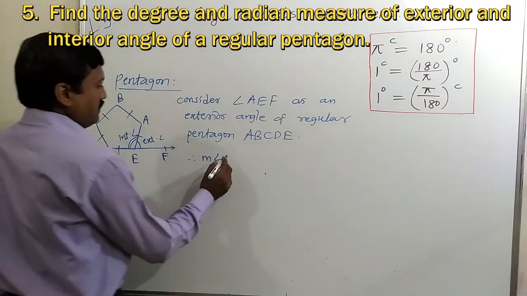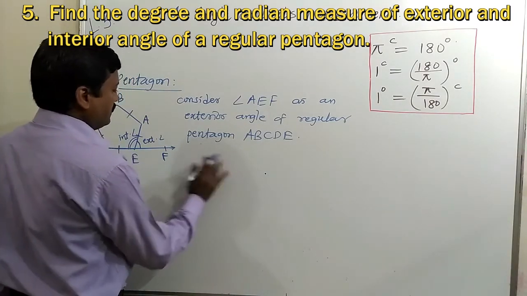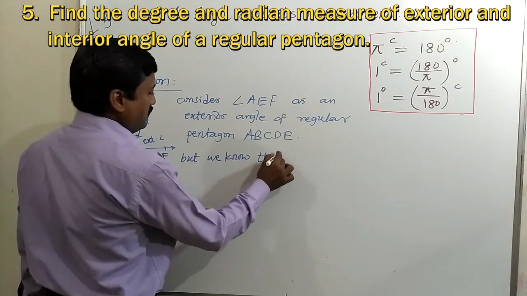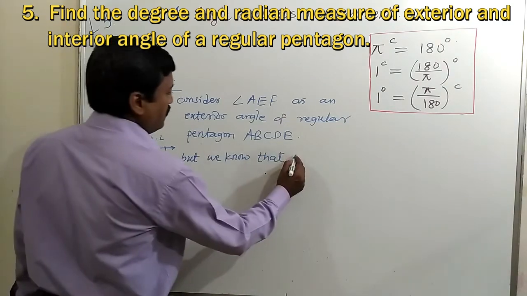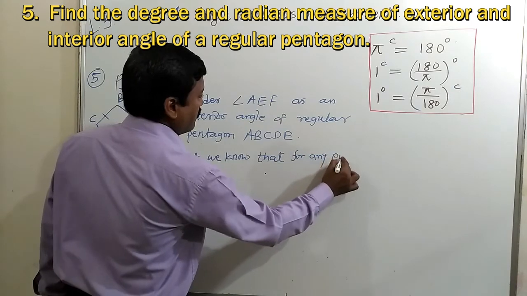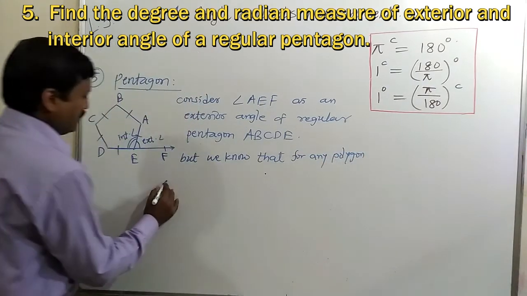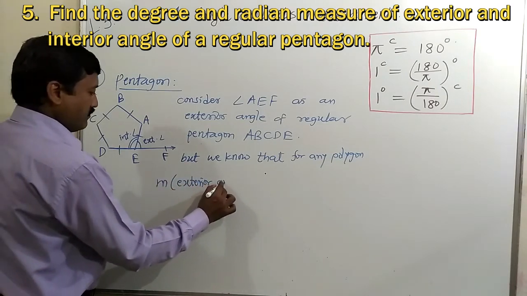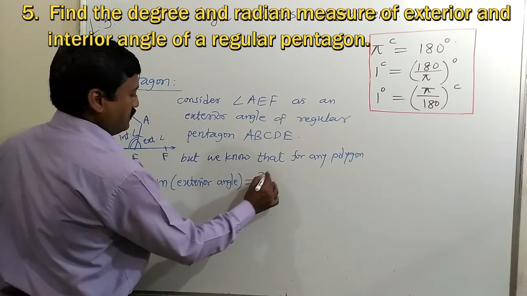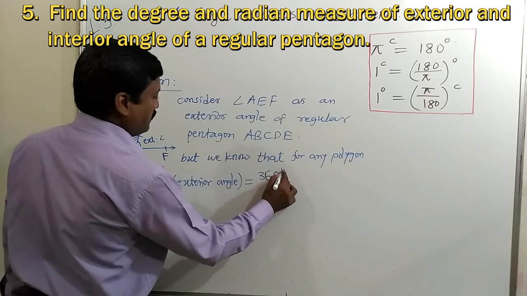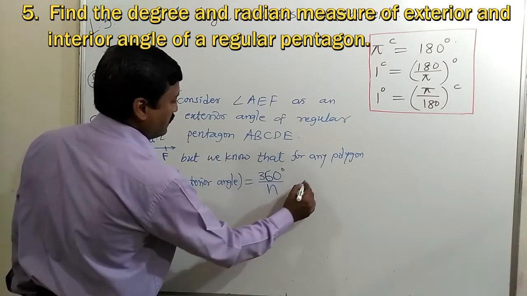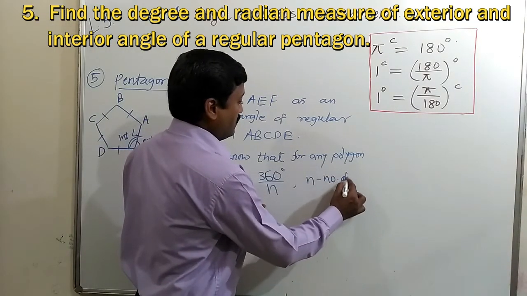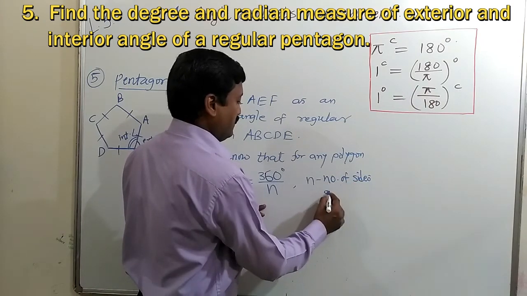You know the formula for measure of exterior angle here, but we know that for any polygon, measure of exterior angle is equal to 360 degree upon n, where n is nothing but the number of sides of that polygon.